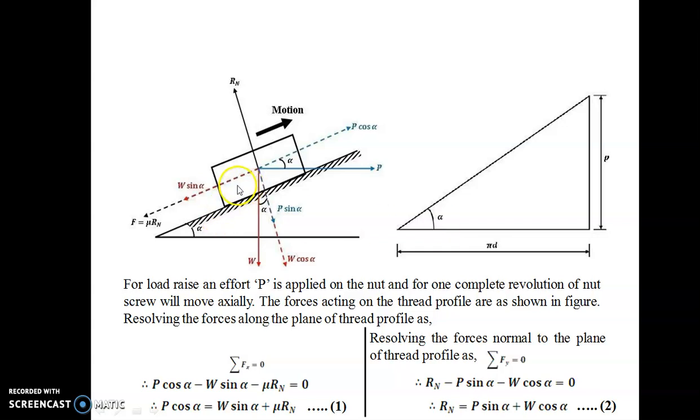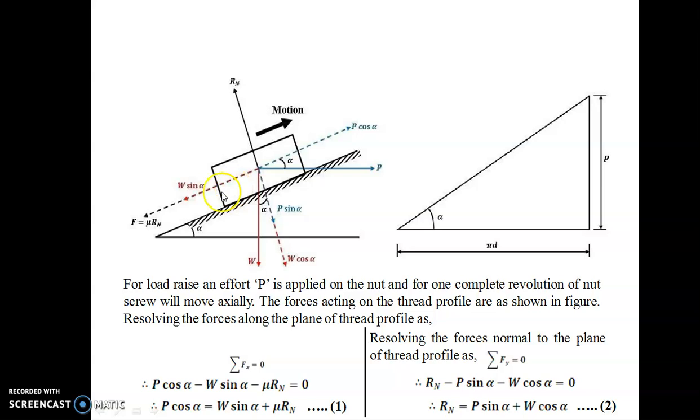If in this figure we want to raise the load, and I want to draw the free body diagram for a force, in this case motion is in an upward direction.